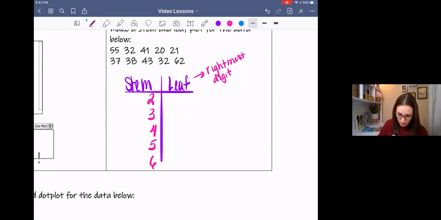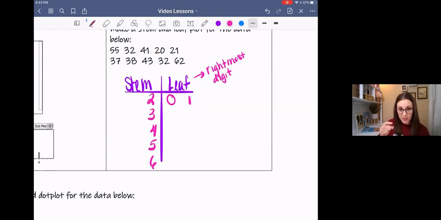There you go. And then you're going to list your data in order, and you want to keep them nicely spaced. So in the 20s, there's a 20 and a 21. So in my stem and leaf, this stands for 20 and 21.